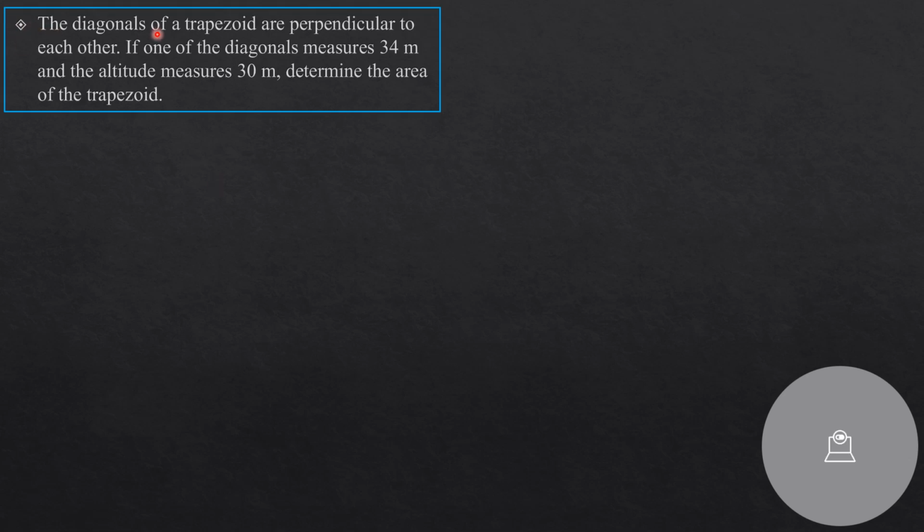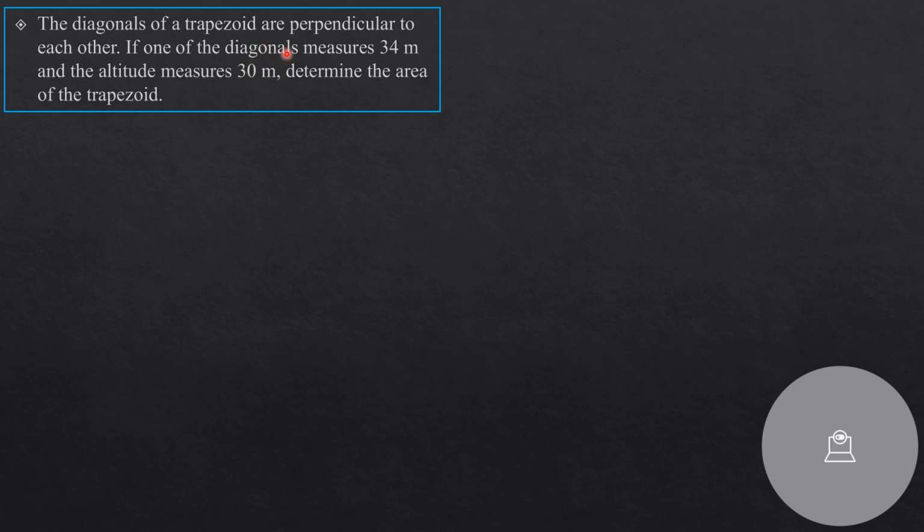The diagonals of a trapezoid are perpendicular to each other. If one of the diagonals measures 34 meters and the altitude measures 30 meters, determine the area of the trapezoid. So take note from trigonometry and from plane geometry that the area of a trapezoid in terms of the diagonals is 1/2 the product of the diagonals times sine of the angle between the diagonals.